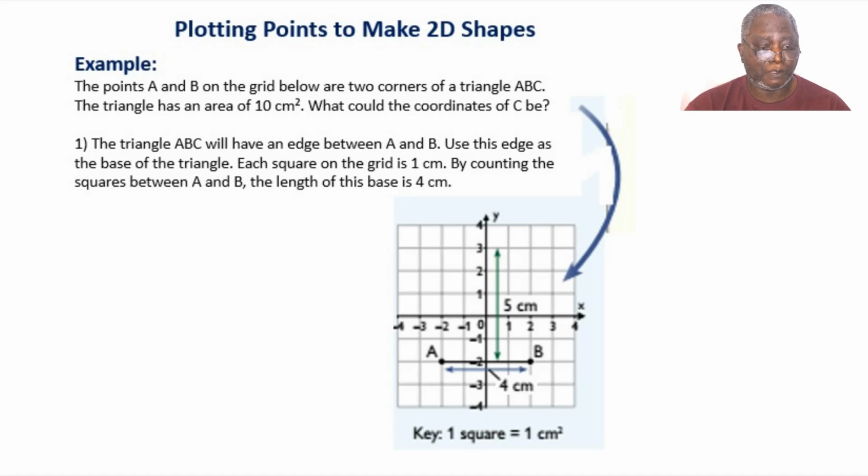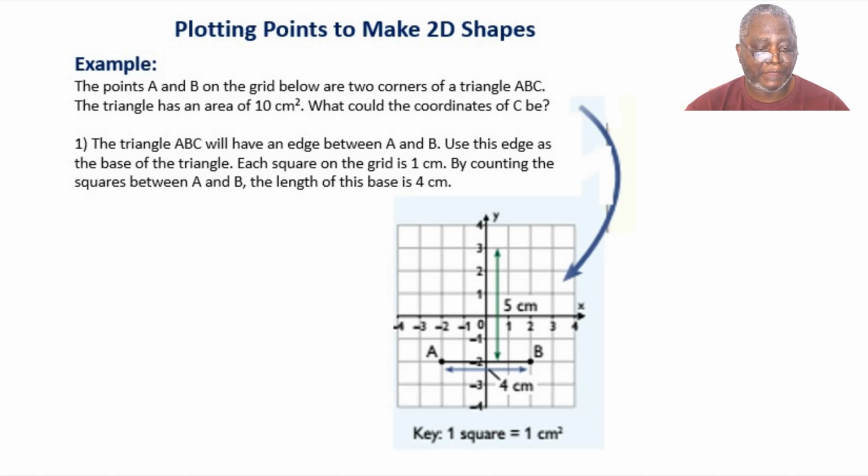For example, the points A and B on the grid below are 2 corners of a triangle A, B, and C. The triangle has an area of 10 centimeters squared. What could be the coordinates of C?